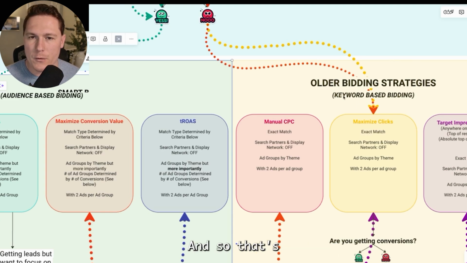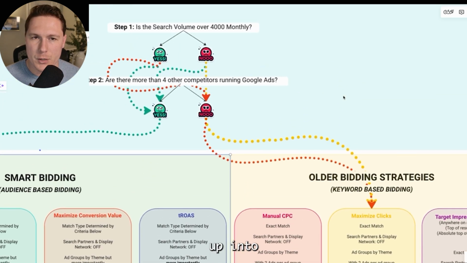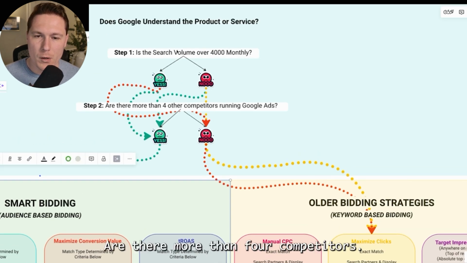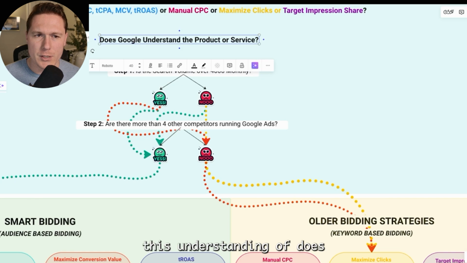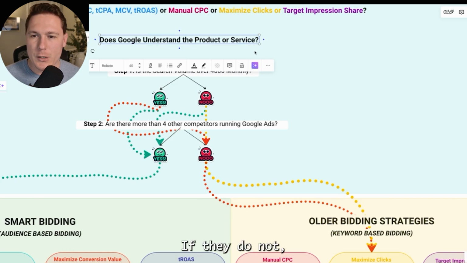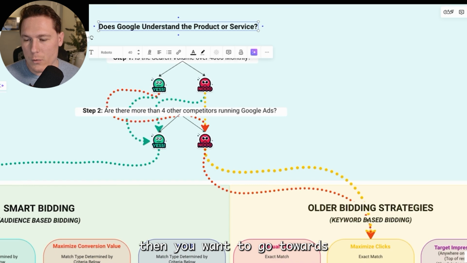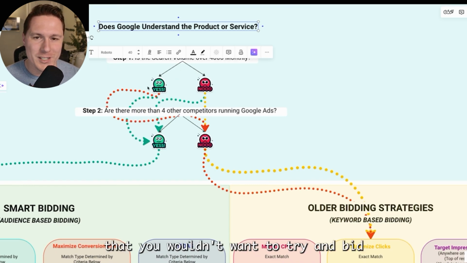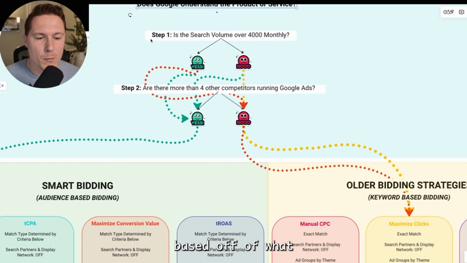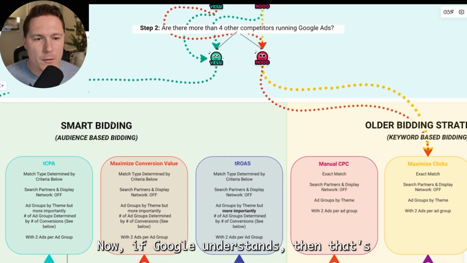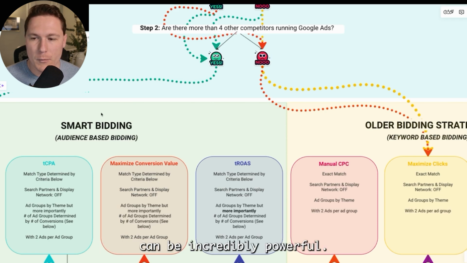That's why I've broken it up into: is the search volume over 4,000? Are there more than 4 competitors? It's really this understanding of whether Google understands the product and service. If they do not, then you want to go towards keyword-based bidding. It just makes logical sense that you wouldn't want to bid based off of what Google doesn't understand. But if Google understands, then that's where smart bidding can be incredibly powerful.